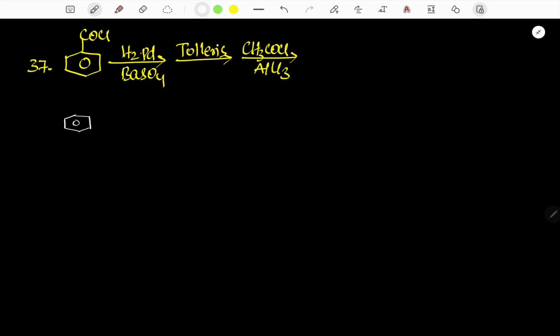The reactant is benzene carbonyl chloride. It is treated with H2/Pd-BaSO4.